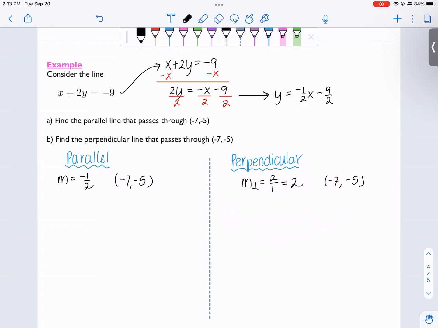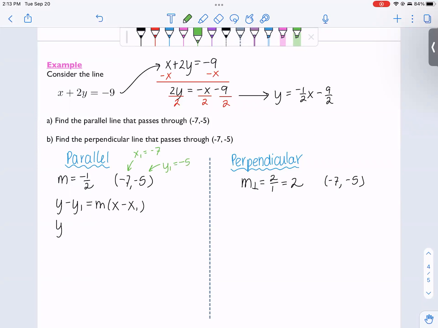So for point slope form, y minus y1 is equal to m times x minus x1. We have the m, we have the x1, which is -7, and we have the y1, which is -5.